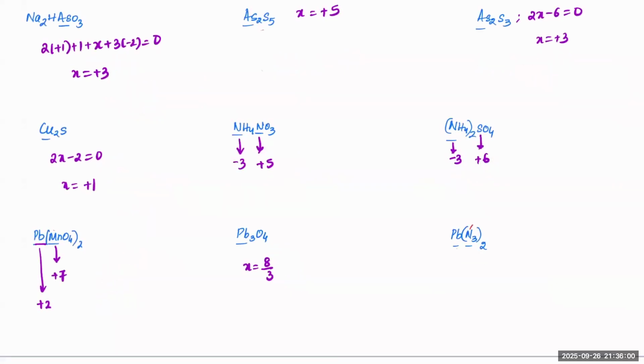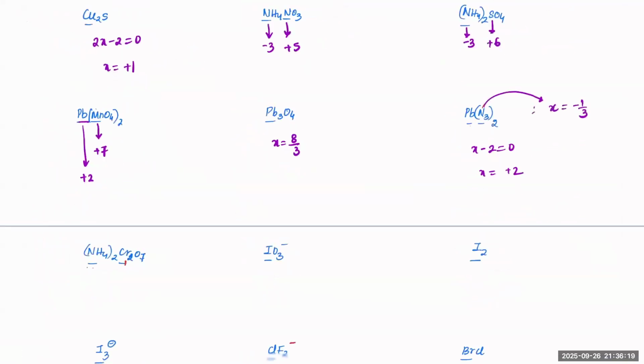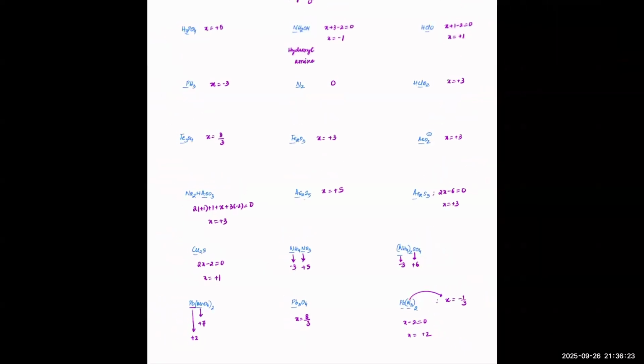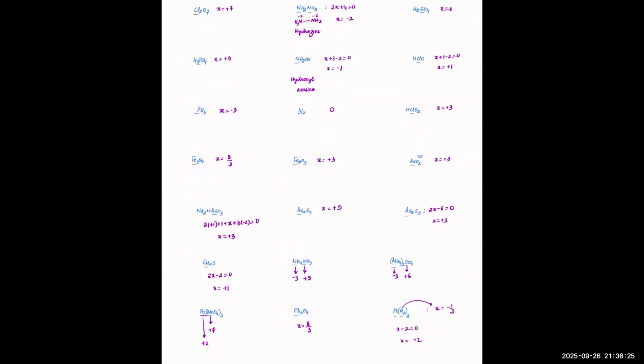So, that makes x minus 2 equal to 0. So, x is equal to +2. So, that is the charge on lead. And what is the charge on nitrogen? Charge on nitrogen here will be equal to -1 by 3. Got it? So please check this page if everybody has got these cases clearly.